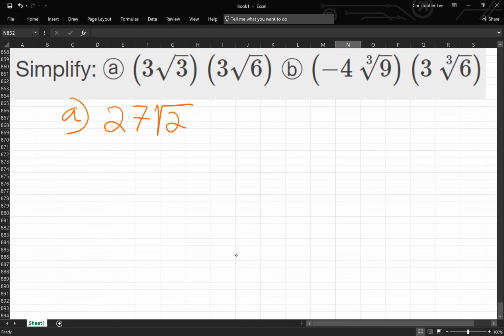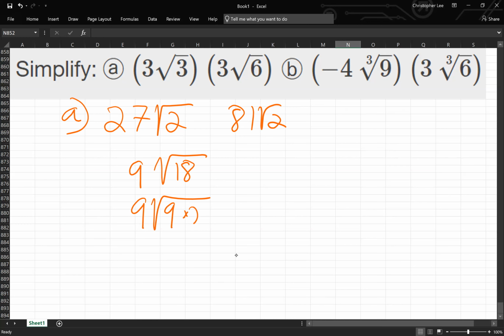All right, let's take a look. 3 times 3 we know is 9. And then square root of 3 times square root of 6 is square root 18. And you know that square root 18 is going to get broken down into square root 9 times 2. And then the square root of 9 we know is 3. So this is 9 times 3, square root 2. So 27 square root 2.